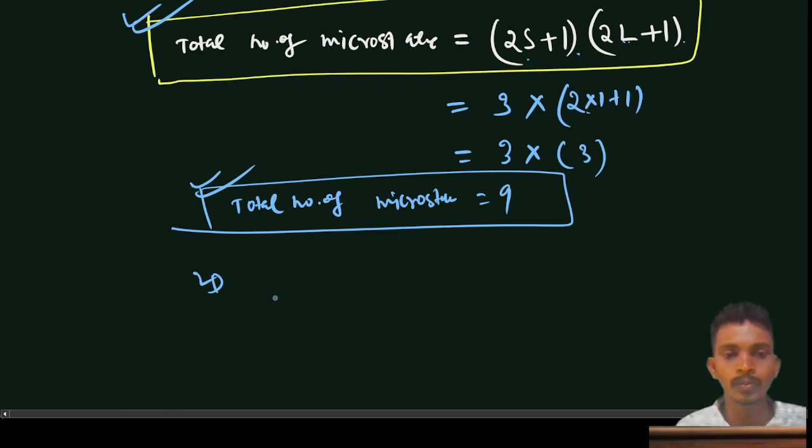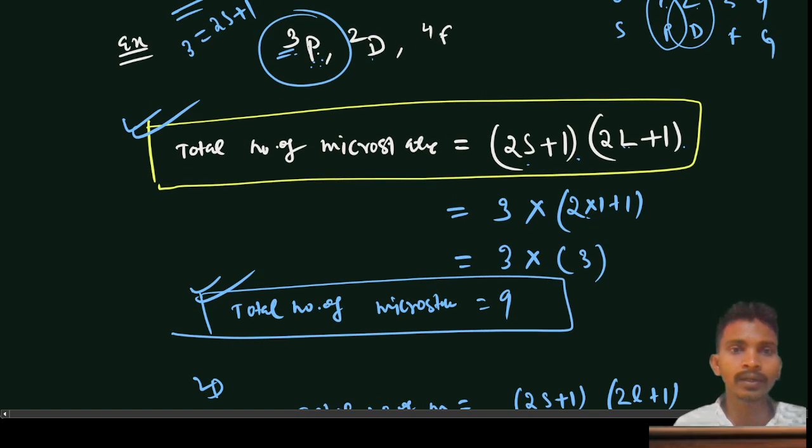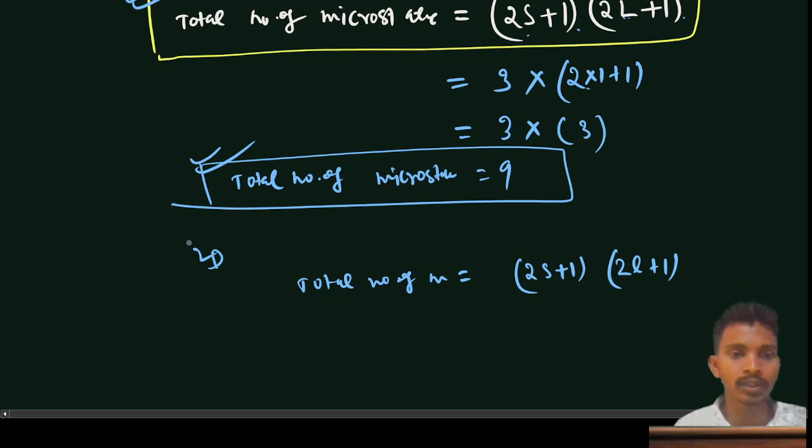Likewise you calculate, like if D2 is given, here the D value is 2. If you put it in the formula, the total number of microstates is (2S + 1)(2L + 1). The 2S + 1 value is given here as 2, because the term representation is L with 2S + 1, so this value is given to you.